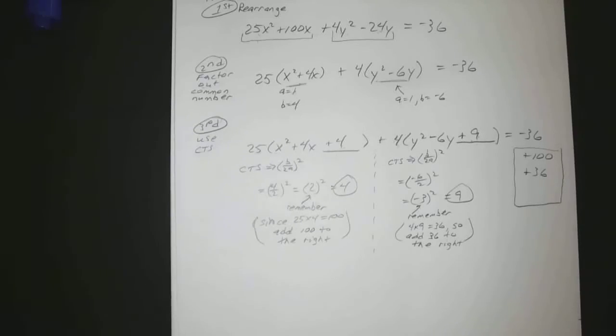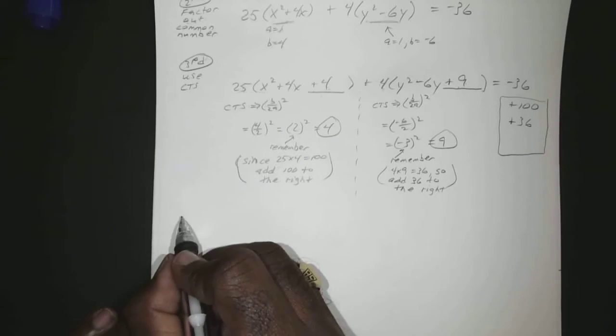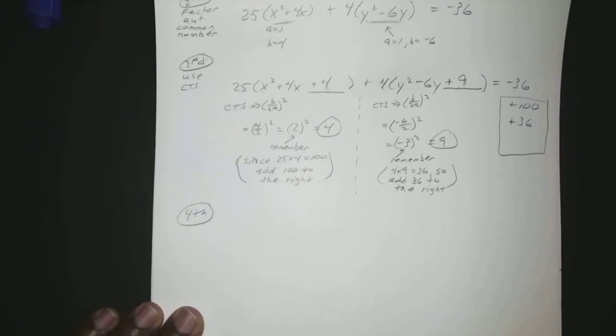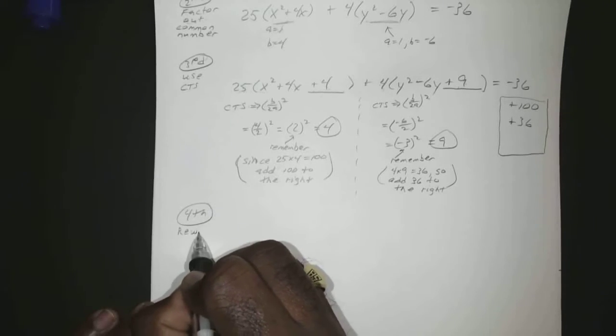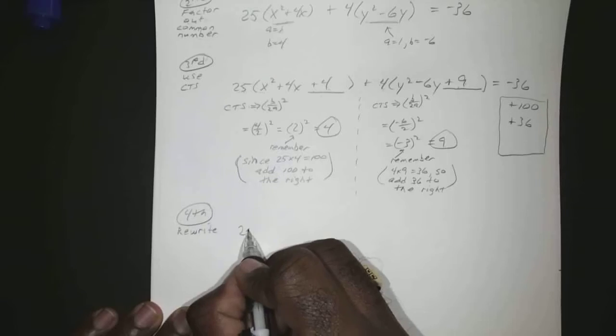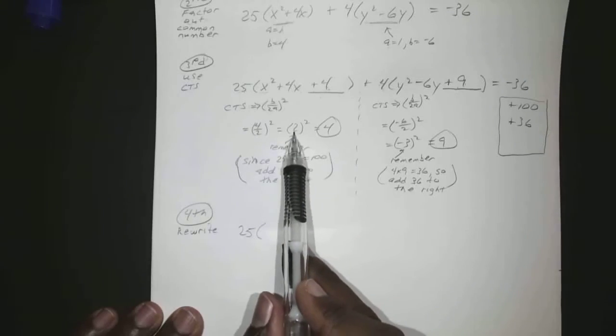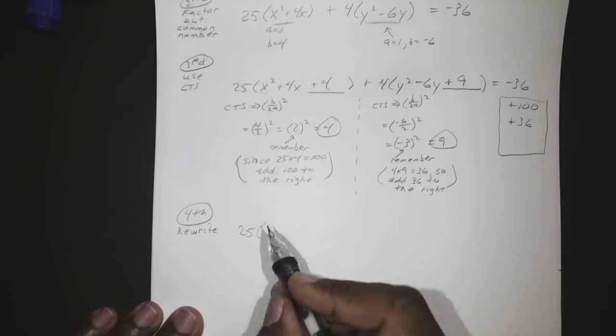Okay. So if we rewrite it, we have 25 times x squared plus 4x plus 4 actually becomes x plus 2 squared.